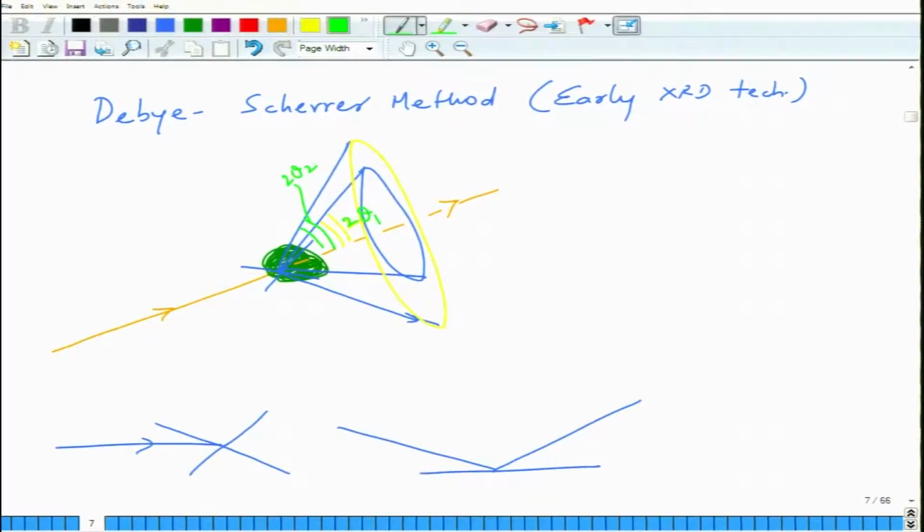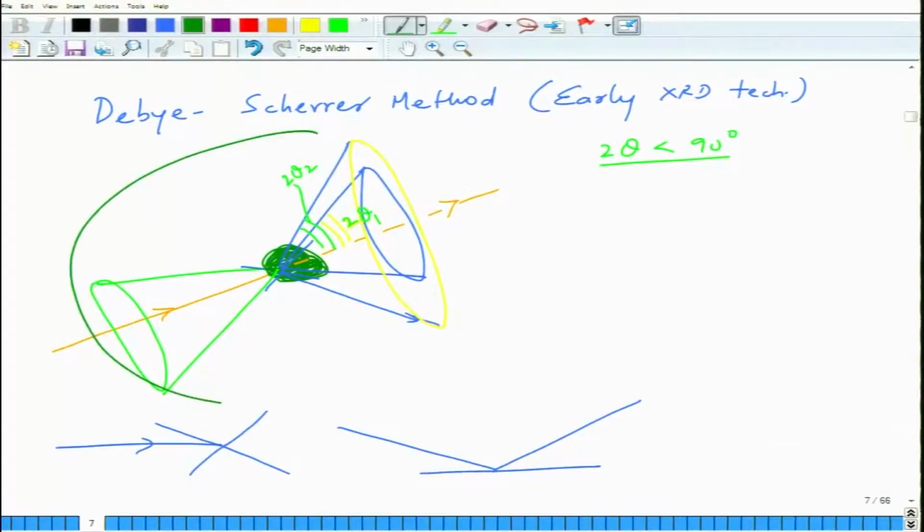For 2 theta less than 90 degrees, you will have cones going in the forward direction, but for planes for which 2 theta becomes more than 90 degrees, the diffracted beam will start going in this direction, so you will have diffraction in the back plane. To cover all of them, you keep a circular ring like this, which is a photographic film, so that you intercept both the forward cones as well as the backward cones.